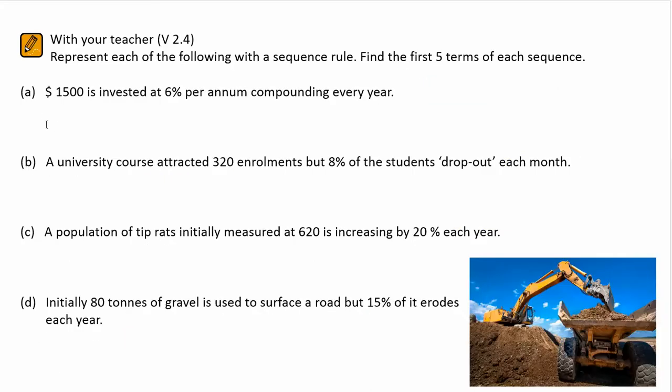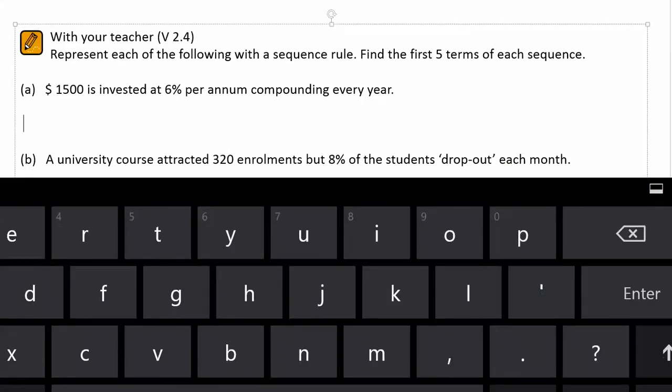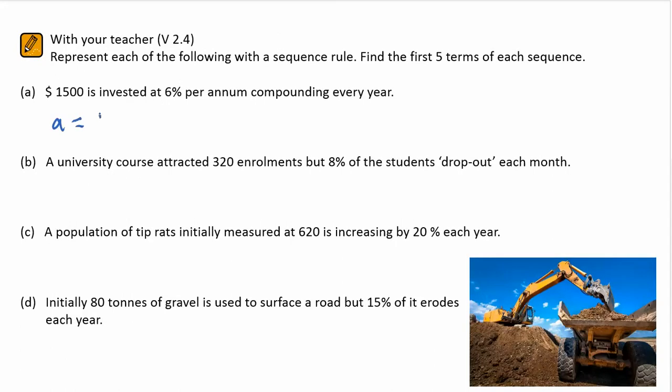In this first instance, that will give us an A figure of 1500. As it's increasing at a constant amount, my R figure will be 1.06. So my sequence equation, Tn, is equal to 1500 times 1.06 to the power of n minus 1.